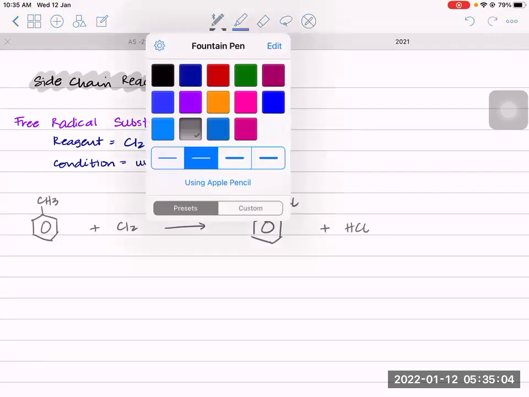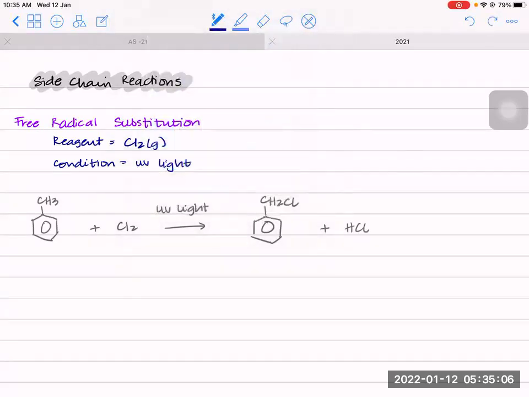This product is called chloro, because you have one Cl, and it was previously methyl benzene. So chloromethyl benzene. Or you can also call this benzyl monochloride. So you can call this benzyl monochloride, or you can call this chloromethyl benzene.